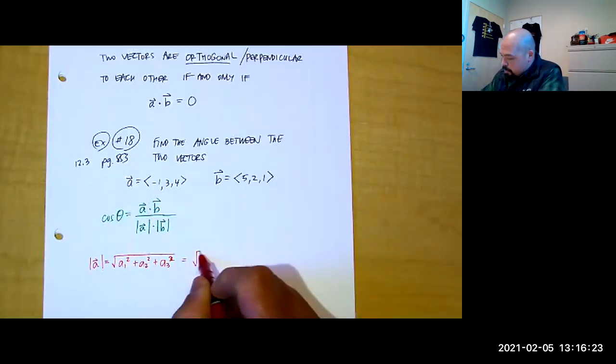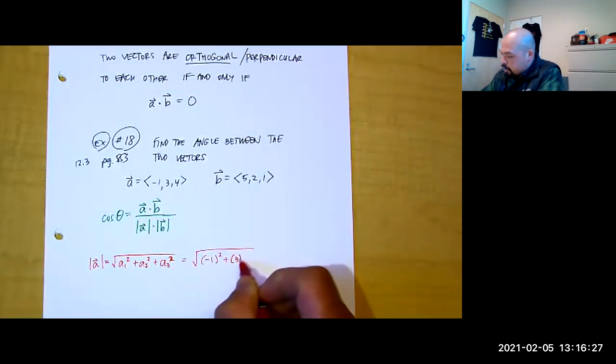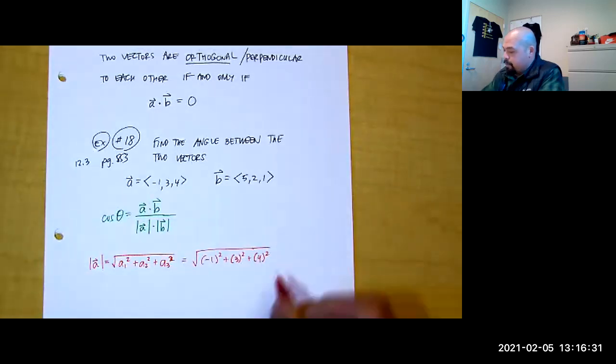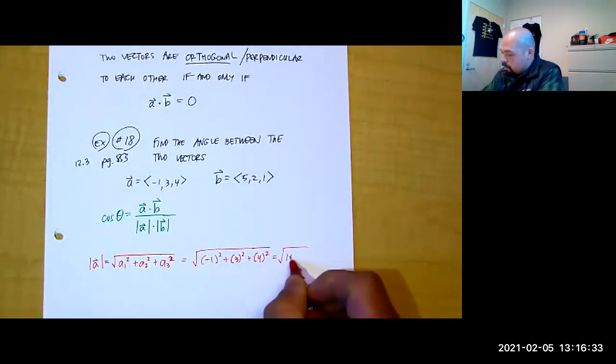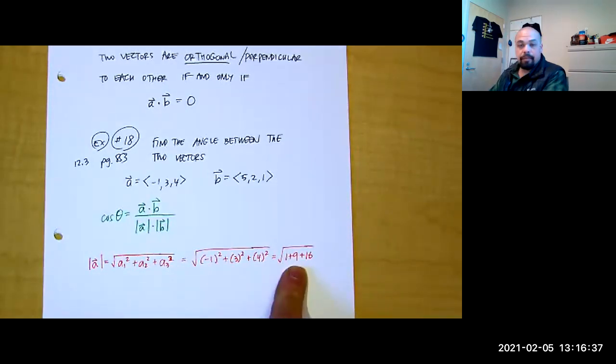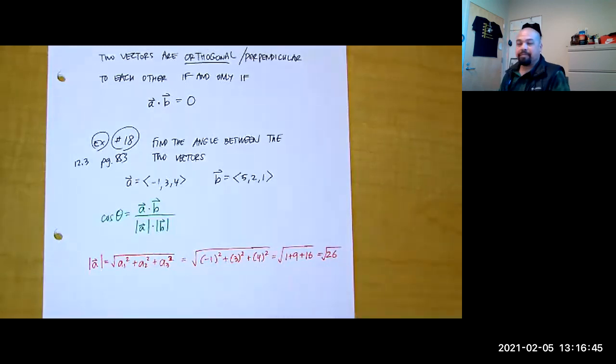So we're going to take the square root, -1 squared plus 3 squared plus 4 squared, square root 1 plus 9 plus 16, 1 plus 9, 10 plus 16, 26, square root 26. I'm not going to be able to simplify that, unfortunately.